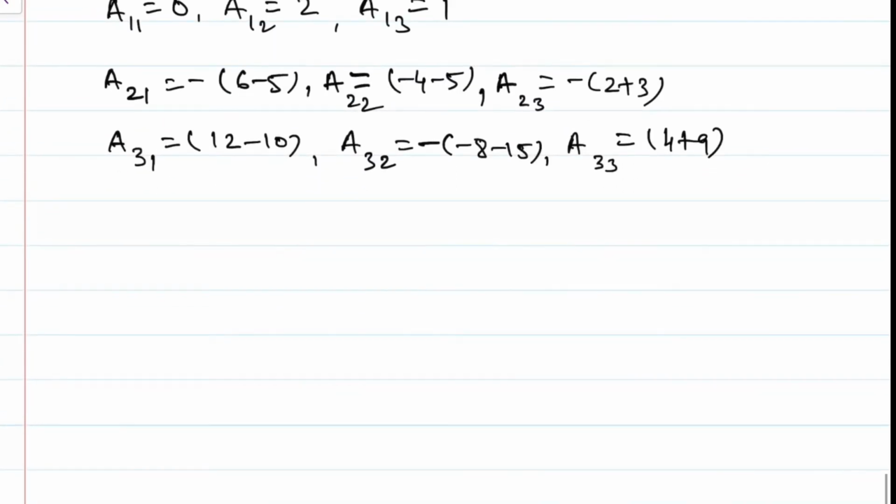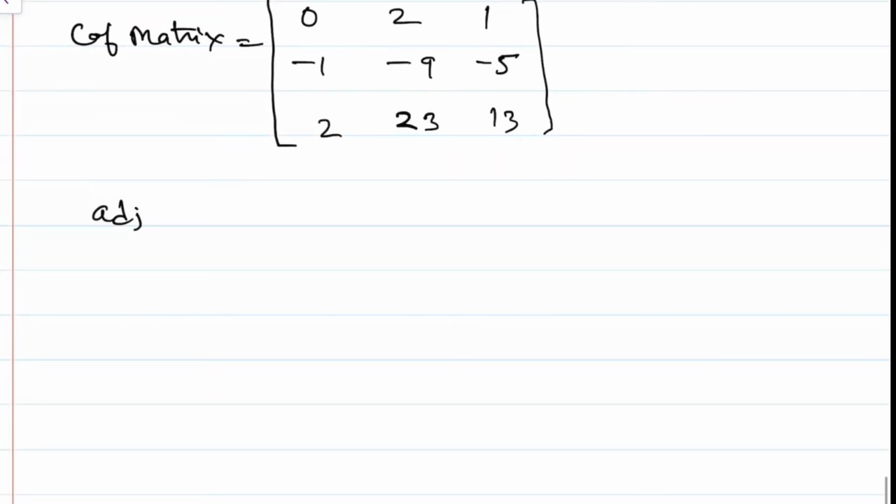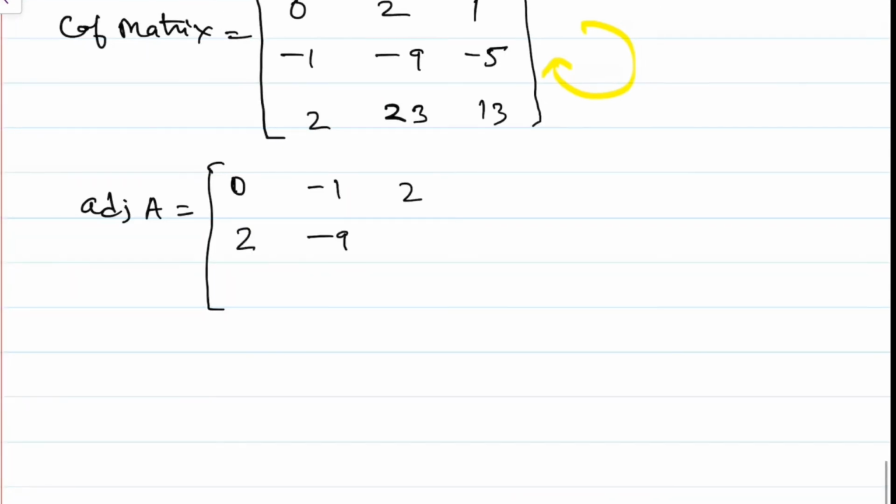So the cofactor matrix will be equal to [0, 2, 1; minus 1, minus 9, 5; 2, 23, 13]. So adjoint A will be the transpose of this cofactor matrix. So adjoint A is equal to, rows will become columns and columns will become rows, [0, minus 1, 2; 2, minus 10, 23; 1, minus 5, 13].